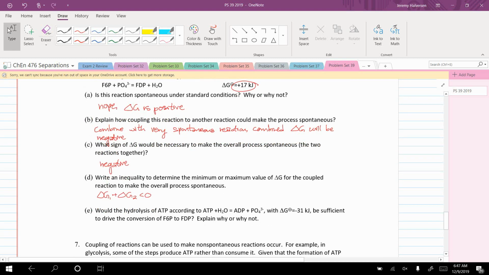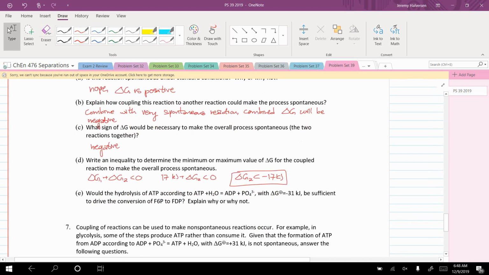The 1 and 2 are irrelevant, it doesn't matter which one's which, but 17 kilojoules plus delta G of reaction 2 has to be less than 0, and therefore delta G of reaction 2 has to be less than negative 17 kilojoules. You can write the inequality to figure that out, or you can just think, well, I know this is positive 17. If I want to make the whole thing less than 0, I need a negative 17 or more. Or, well, yes, bigger number, but negative 17 or less.